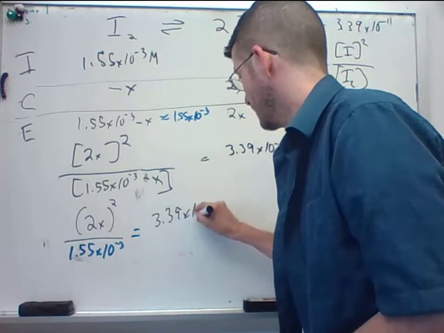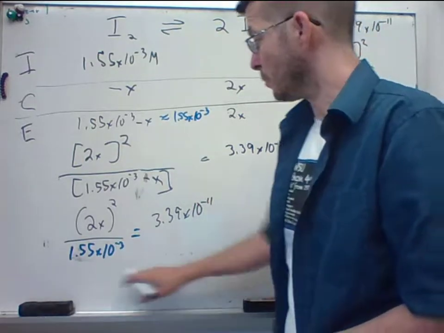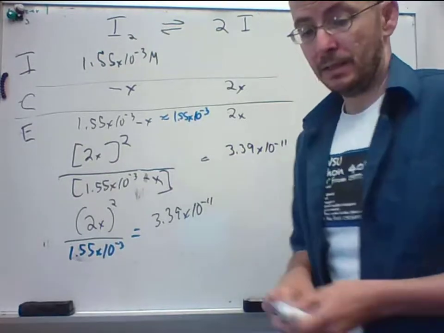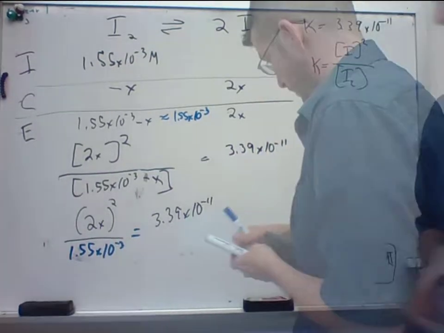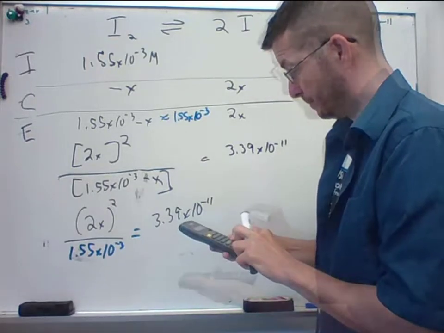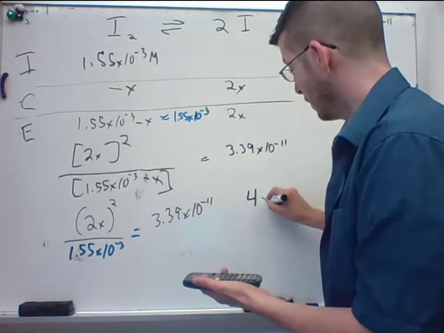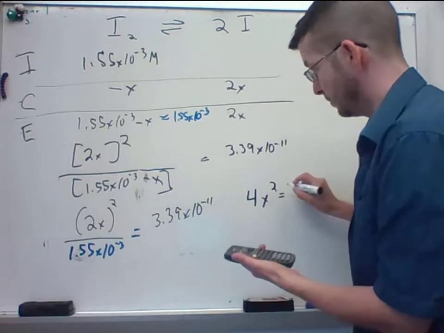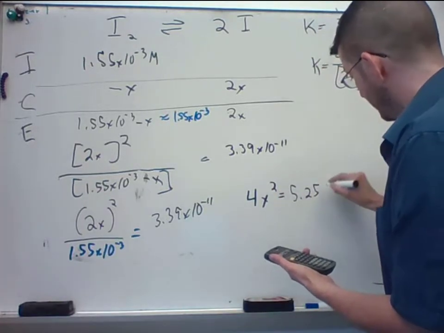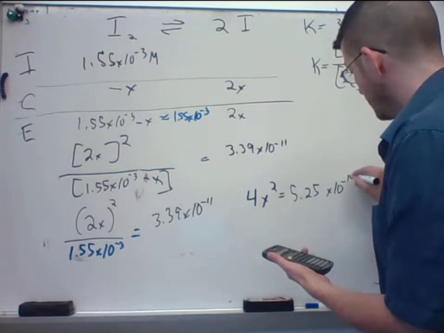equals 3.39 times 10 to the minus 11. Well, that's a number, that's one constant. So we can multiply these values out appropriately. So this becomes 4x squared is equal to 5.25 times 10 to the minus 14th.